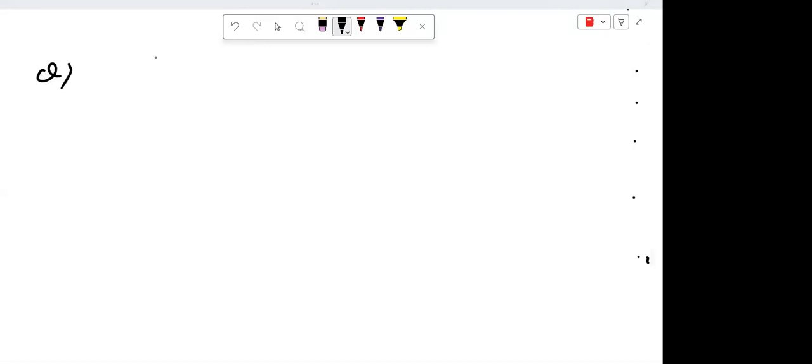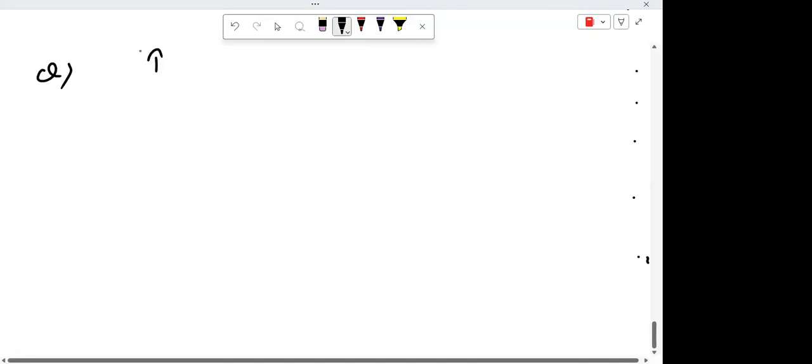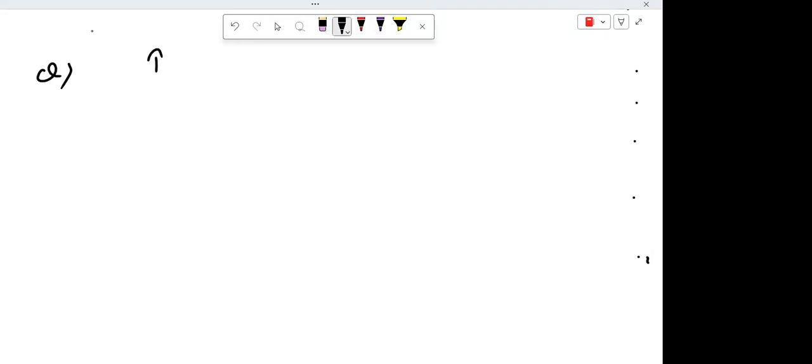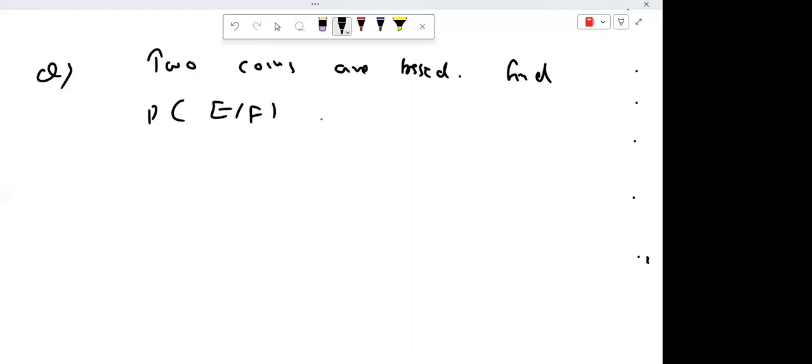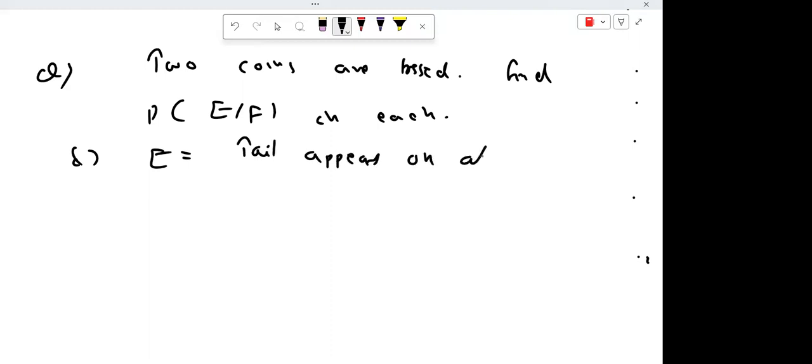Okay, so next question. Two coins are tossed. Find probability of E given F in each. First case, E is given as tail appears on at least one coin.